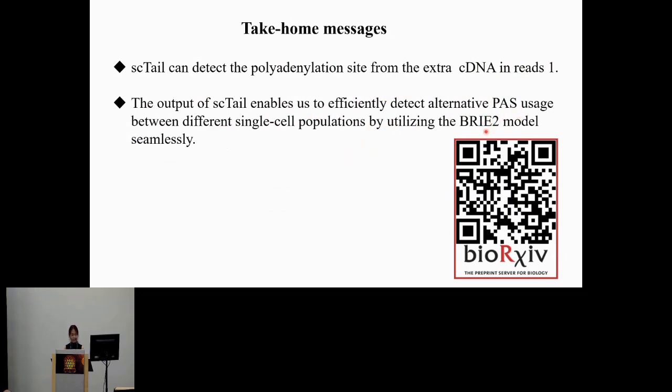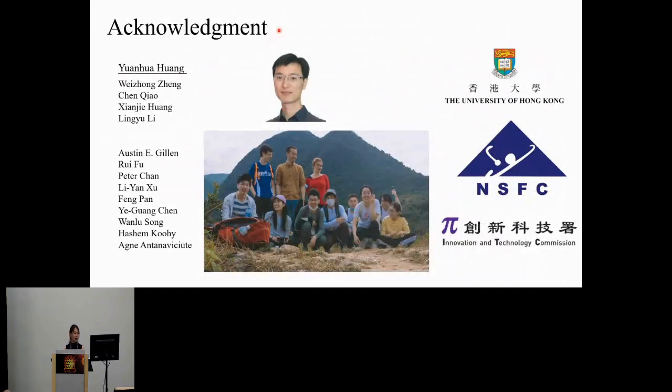Our manuscript has already been submitted to bioRxiv, and if you are interested, you can check the details. Lastly, I want to acknowledge the instruction from my supervisor, Dr. Ruiyan Hou, and also the help from my lab mates. Thank you for your attention.